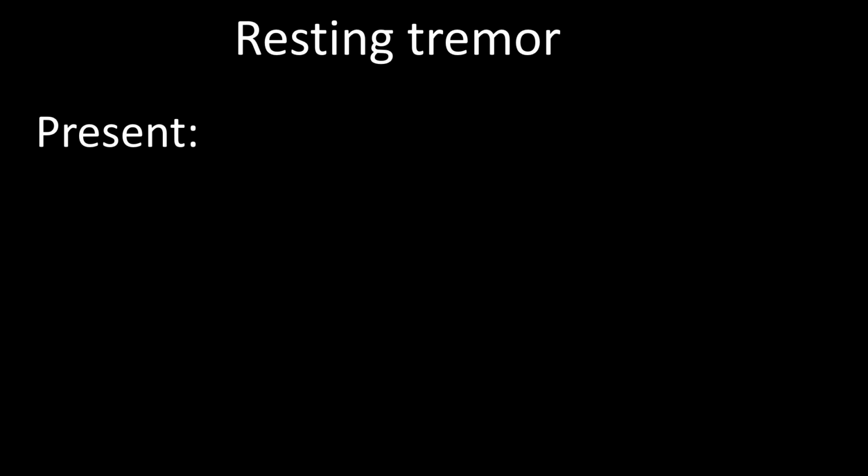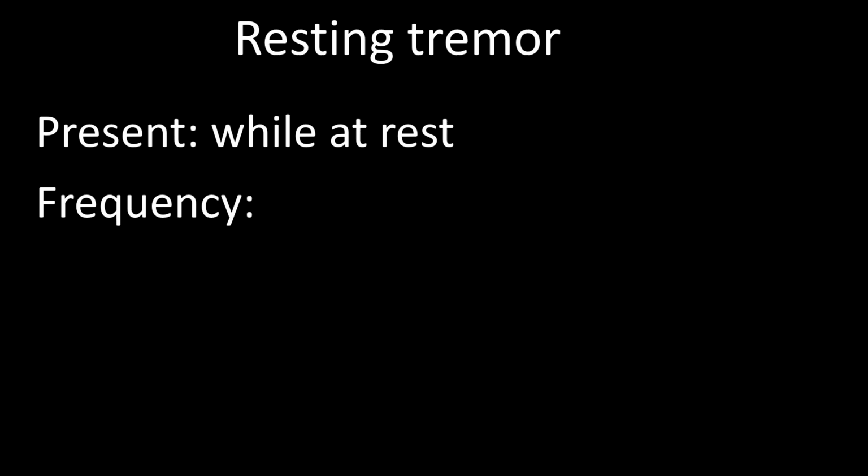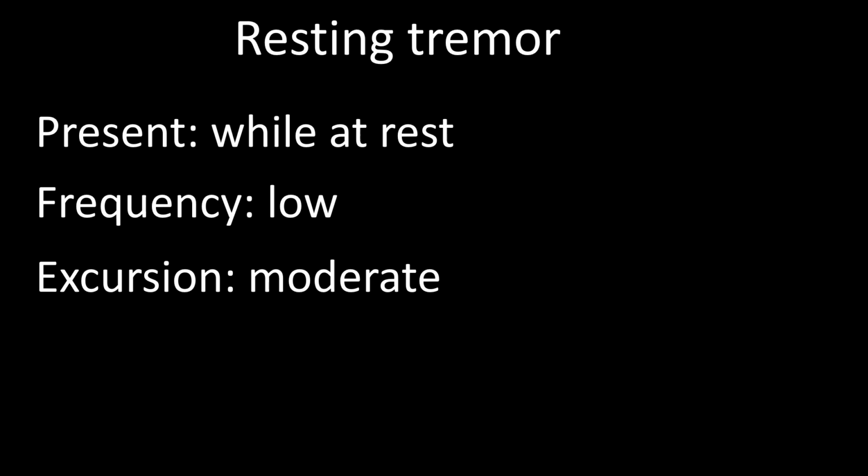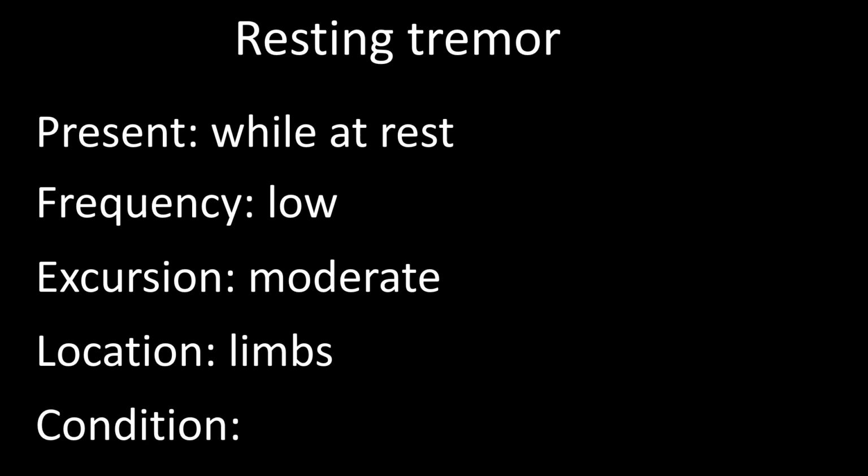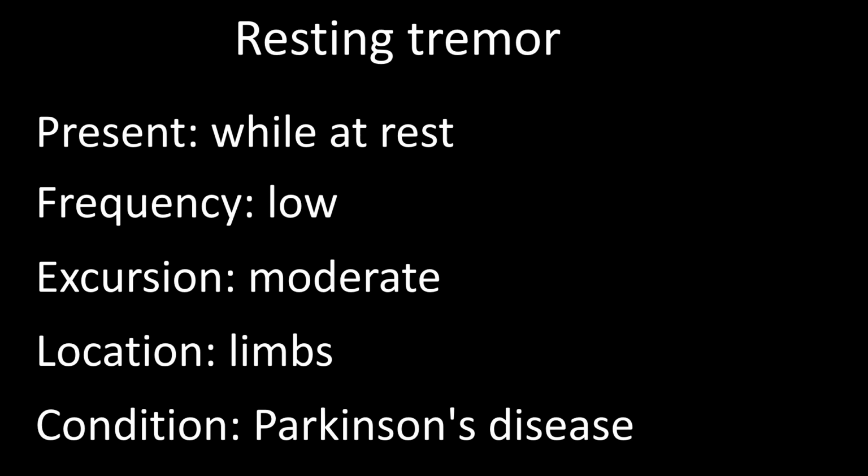Resting tremor occurs mainly at rest. Frequency of oscillations is low, about 4 per second. The degree of excursion or displacement of the body part involved in the tremor is moderate. The location most often involved are the limbs. Resting tremor is most often encountered in patients with Parkinson's disease.